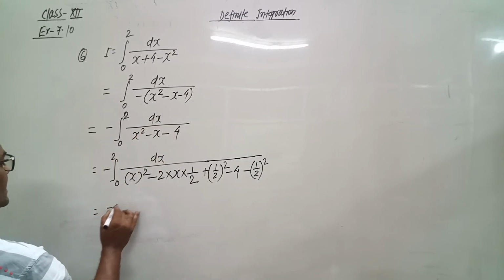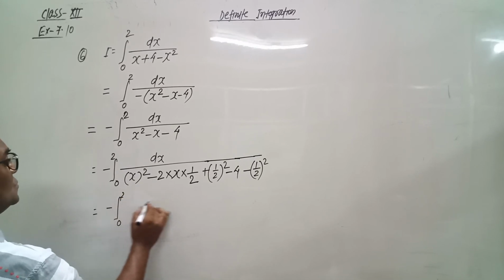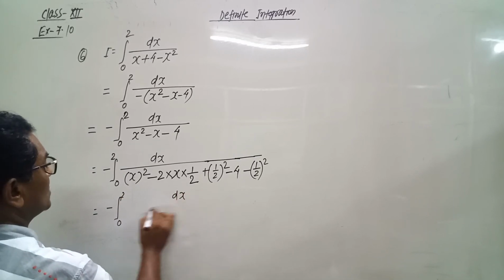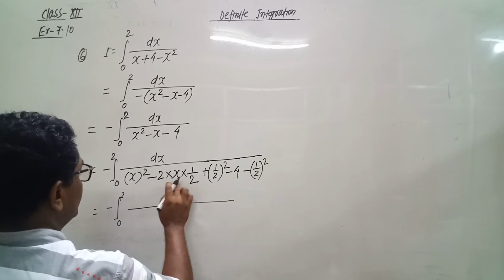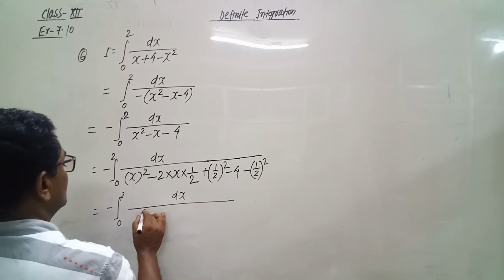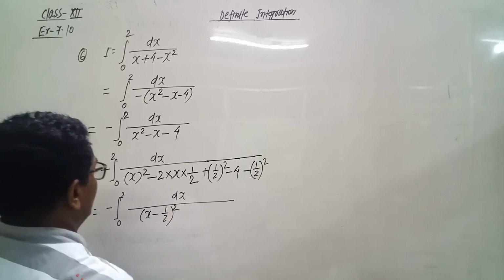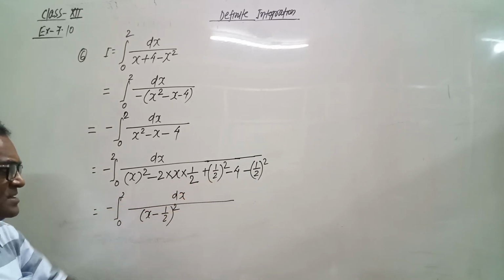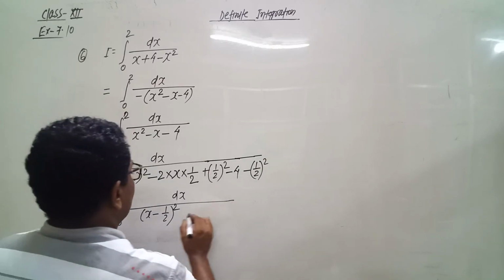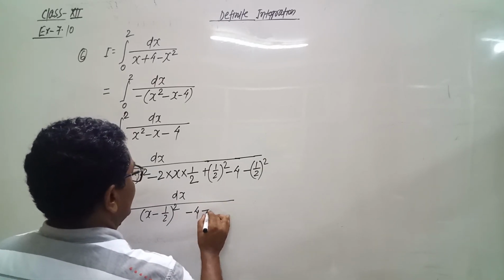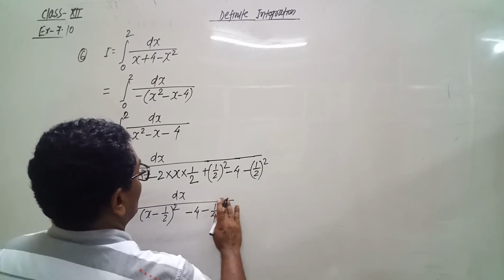Now this would be represented by integration 0 to 2 dx upon these three terms: x minus 1 by 2 the whole square, a square minus 2ab plus b square, and minus 4 and minus 1 by 4.